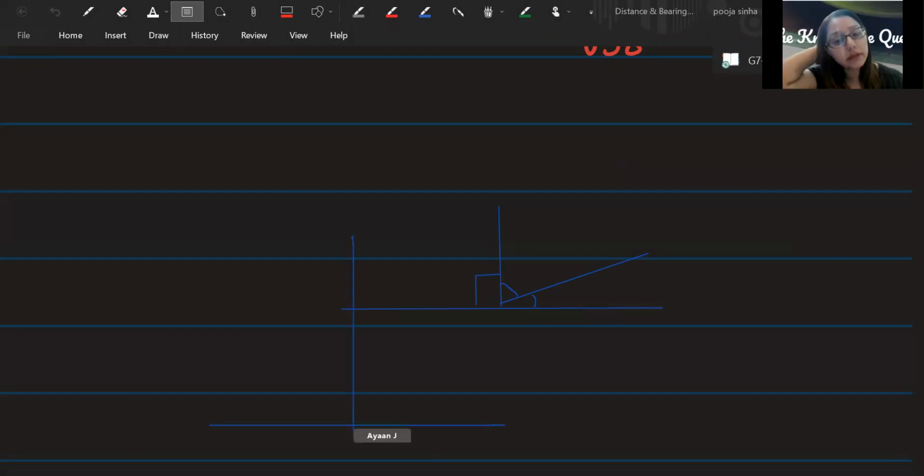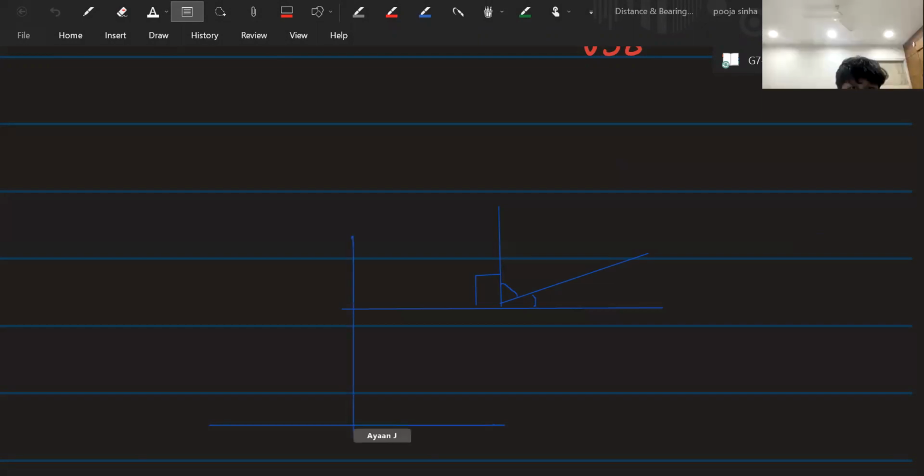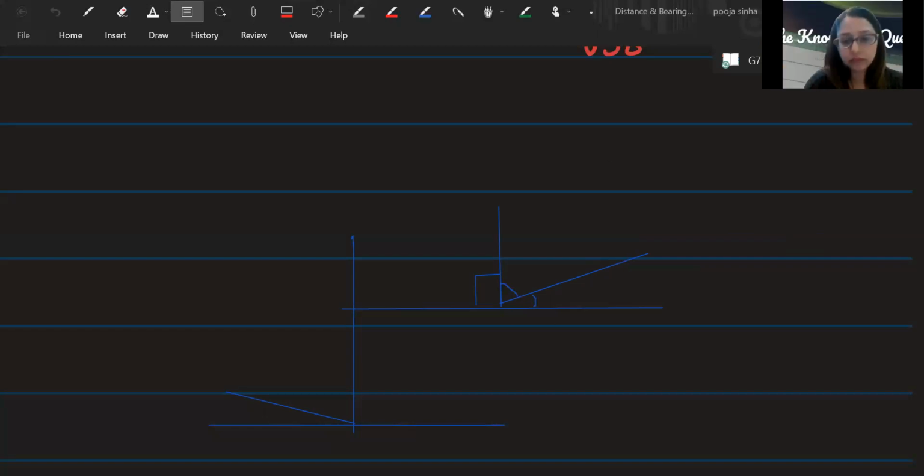Tanishka, you annotate first. So like this. Okay. Like that. Approximately. 142. One second, where are you making it?